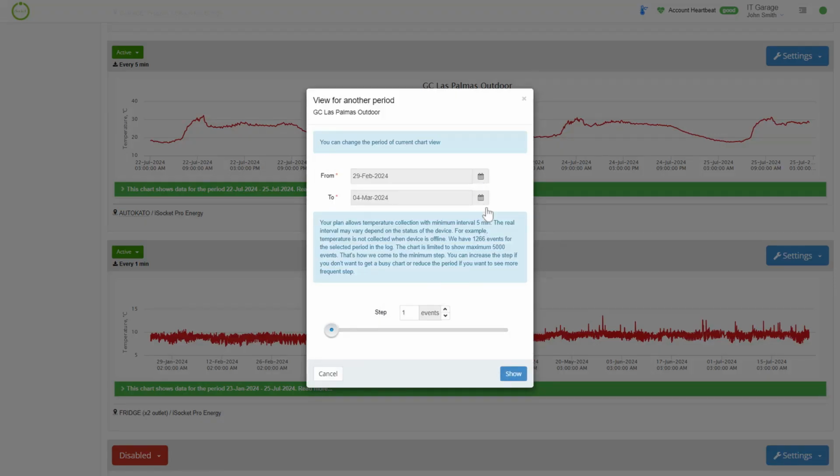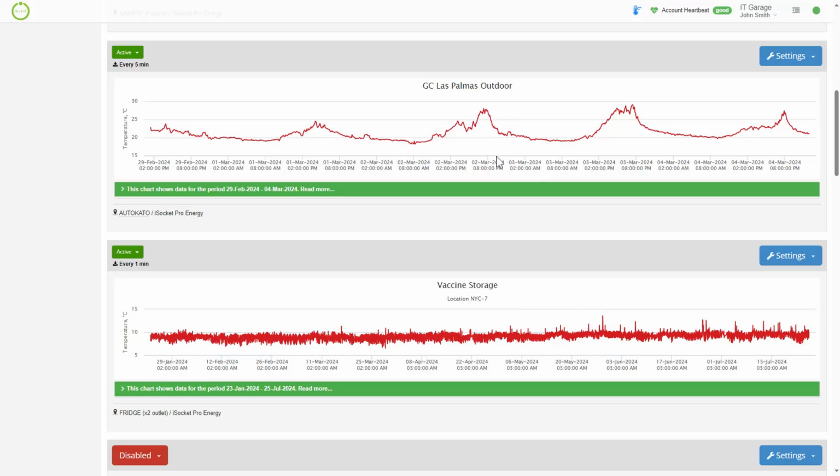If you select too big a period, it will say too many points, and you can decide how many points you want to show. But I won't bother you with this because we are mainly interested in different profiles.